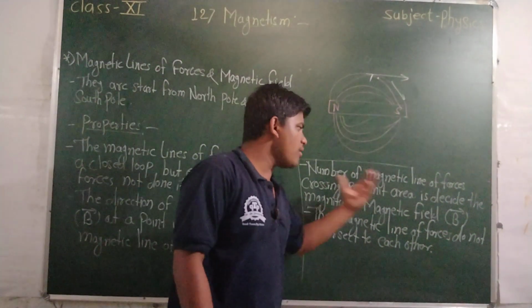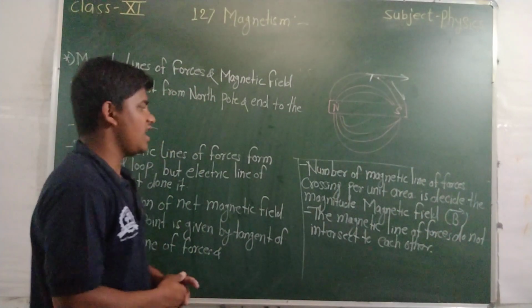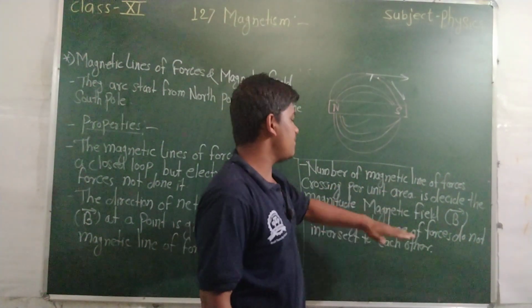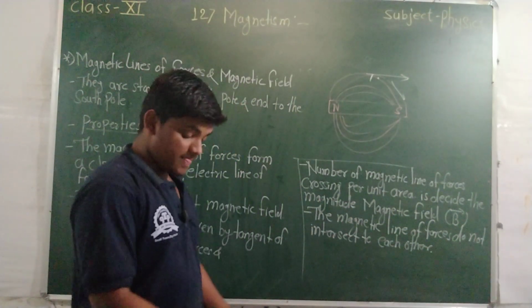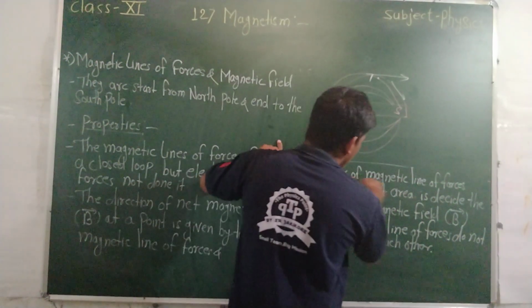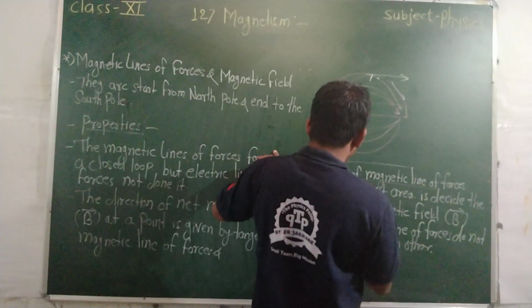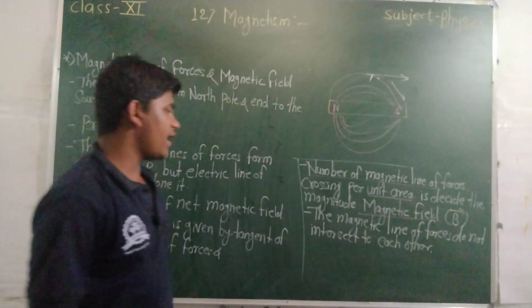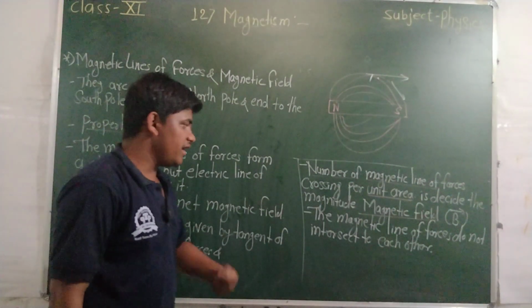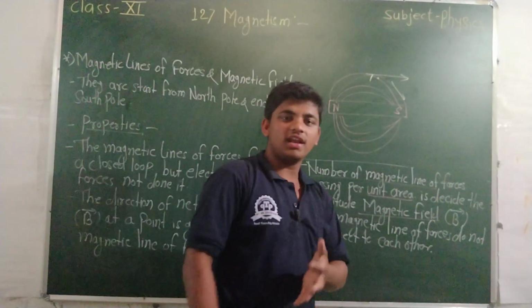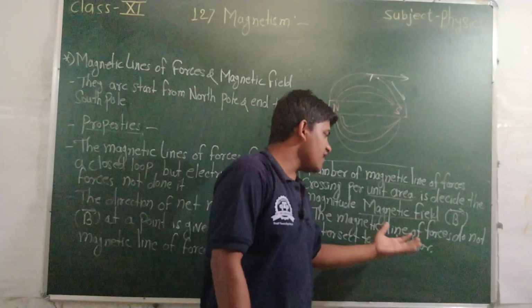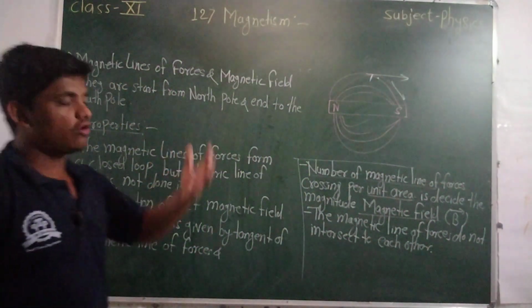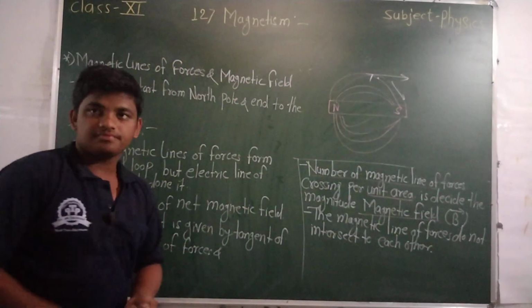And the third property: the number of magnetic lines of force crossing per unit area decides the magnitude of the magnetic field. Then the fourth and last property of the magnetic lines of force: they do not intersect or cross each other.